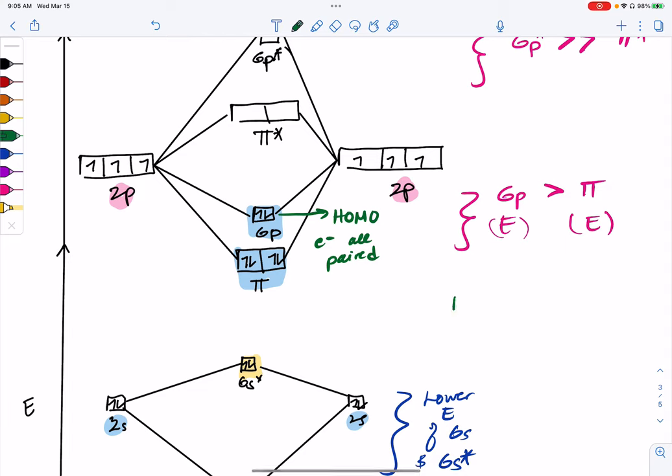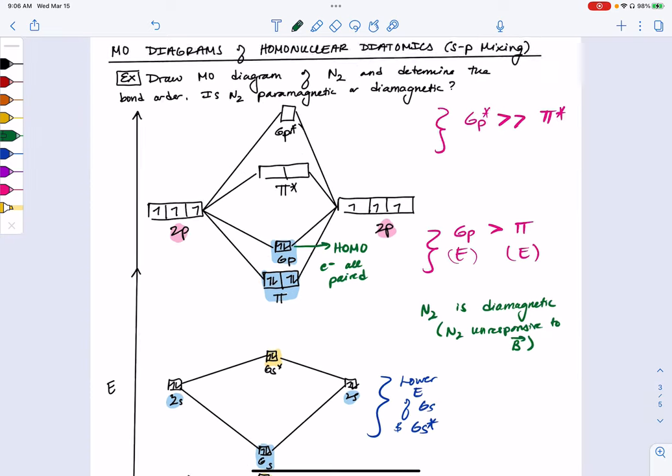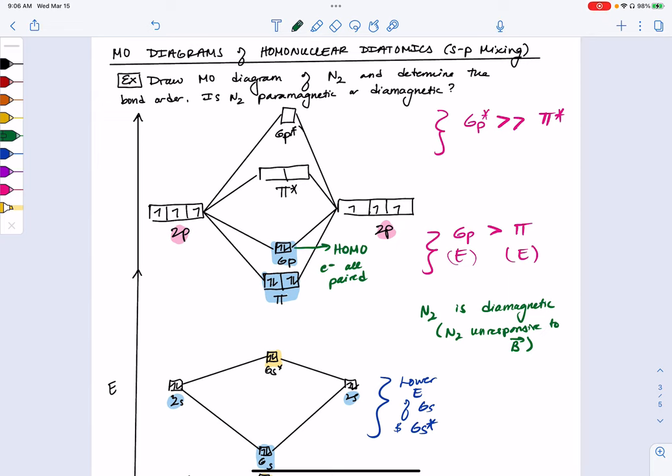So this means that N2 is not paramagnetic, but it is rather diamagnetic. Wait, no, I have that opposite. Diamagnetic. So what this means is that N2 would be unresponsive to a magnetic field, unlike oxygen, which would be responsive.